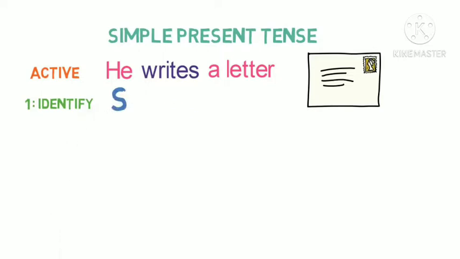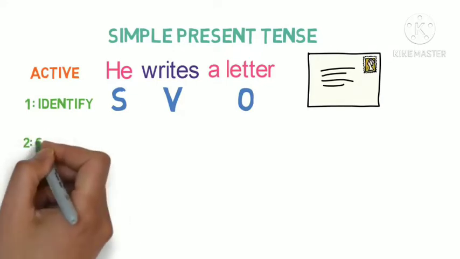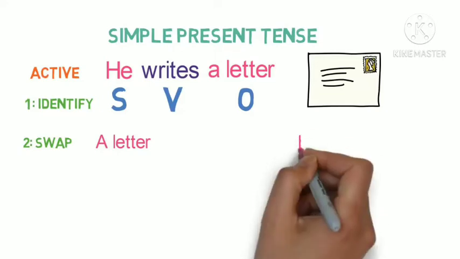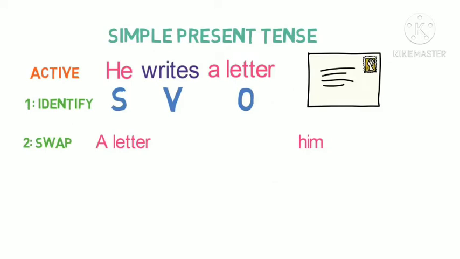So he is the subject, writes is the verb, and a letter is the object. We did it. Then second step, swap, interchange subject and object. So here a letter is the object, so we should write a letter at first. Then the pronoun of he, it's him as object.